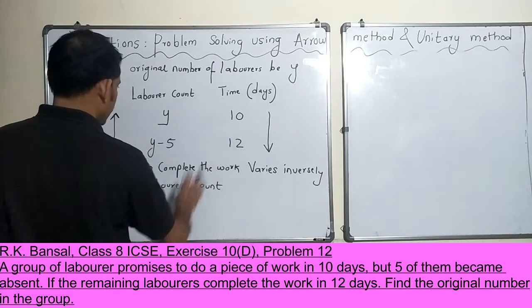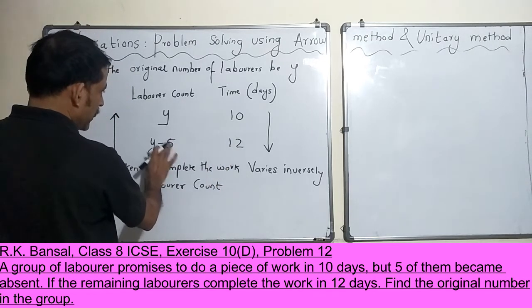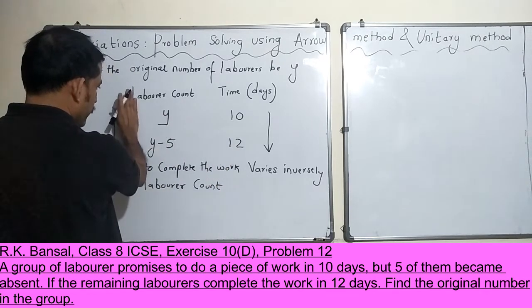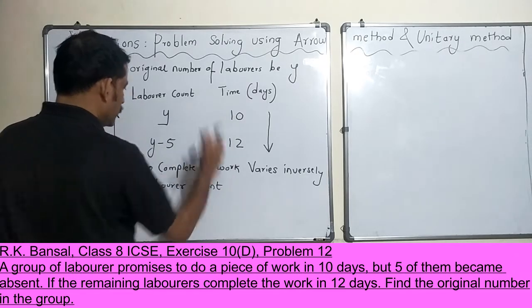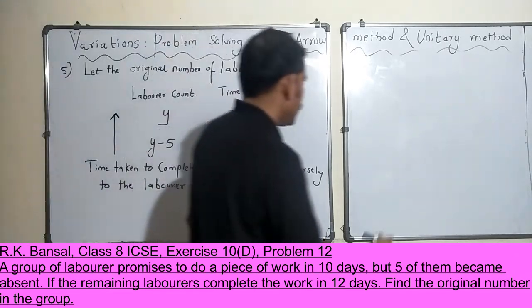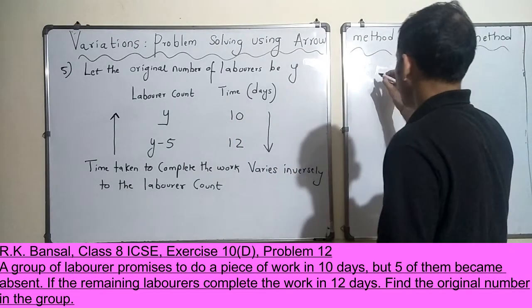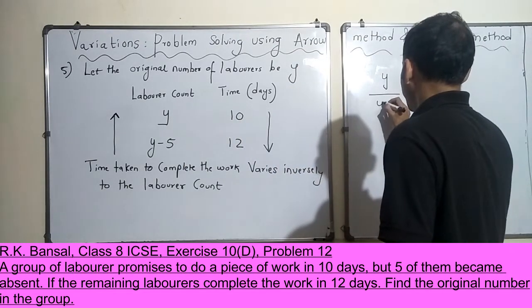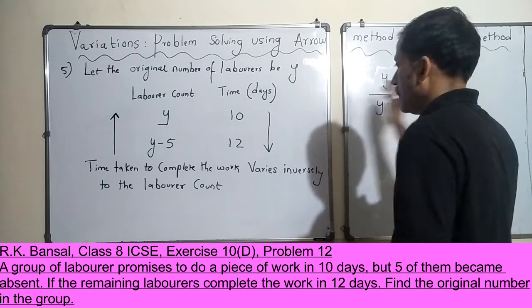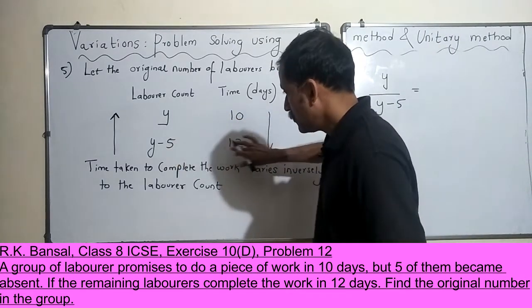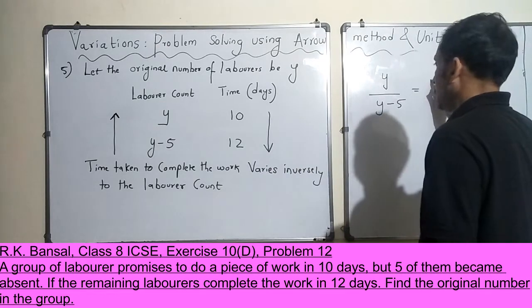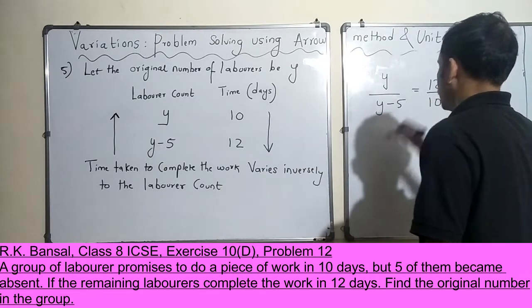So 12 becomes 10, y minus 5 becomes y, as you go from here, but 12 will reduce to 10. Okay, so let's write down our ratio, right? So y by y minus 5 is equal to 12 by 10 because it's a case of inverse variation.